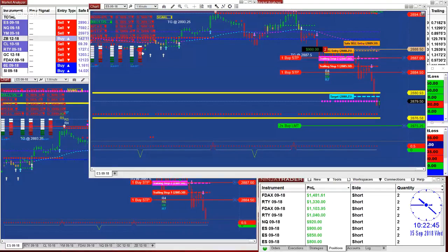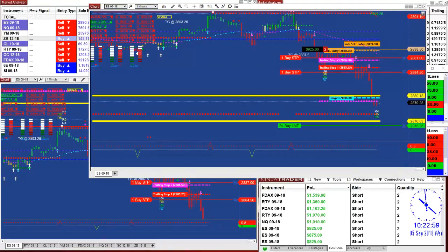Now, if we notice, the 30-year Treasury bond on the market analyzer is in the opposite direction of the ES, Nasdaq, and YM. Now the market is in sequence, and that's why immediately you will see a lot of results there.